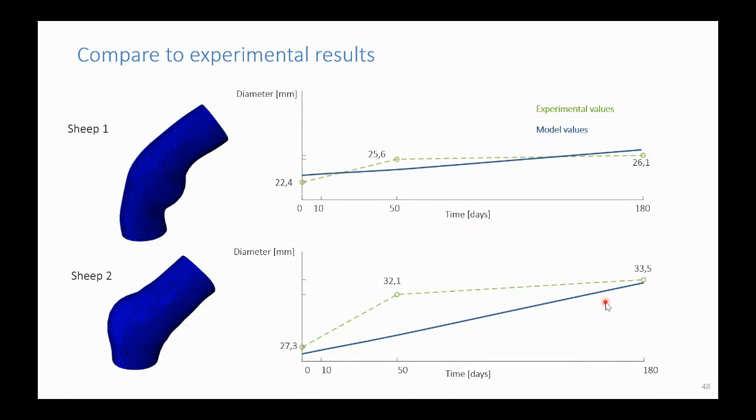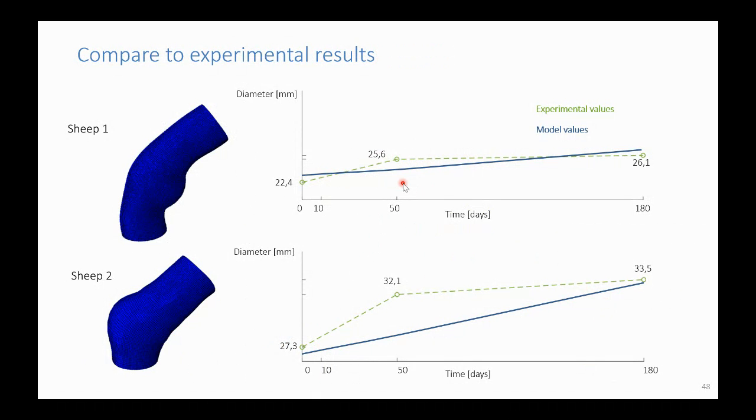And these are just some basic results. So here you can see for 2 sheep, the experimental values in terms of diameter and the model values in terms of diameter. So let's say we're able to capture this dilatation, at least from a qualitative perspective.